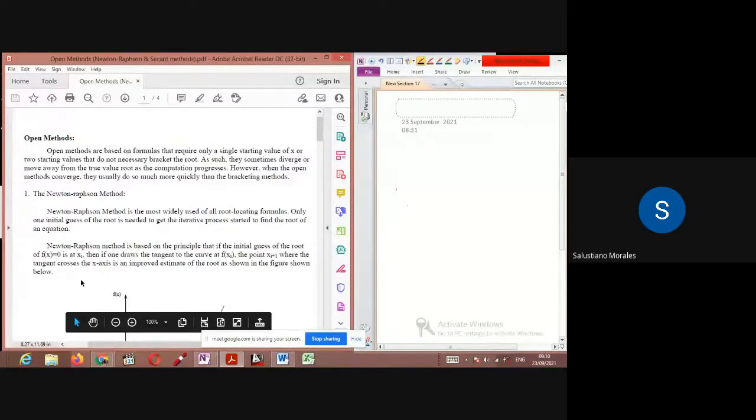The Newton-Raphson method is based on the principle that if the initial guess of the root of the function f of x equal to 0 is at xi, then if one draws the tangent to the curve at xi, f of xi, the point xi plus 1, where the tangent crosses the x-axis, is an improved estimate of the root, as shown in the figure below.